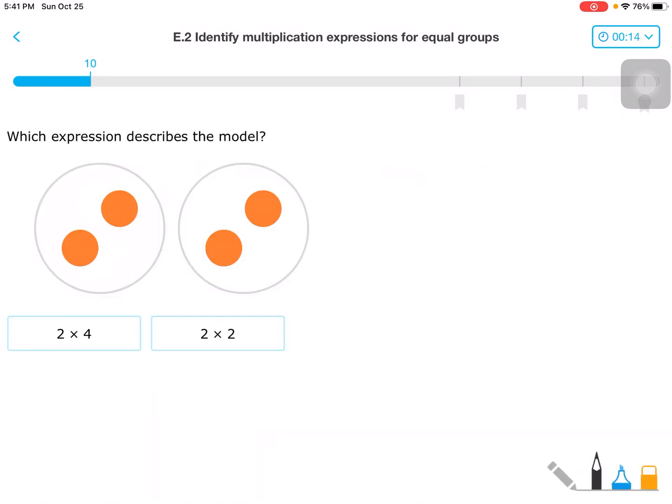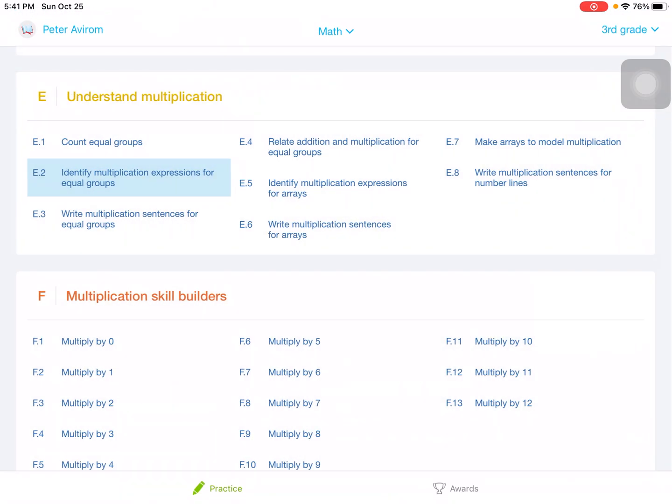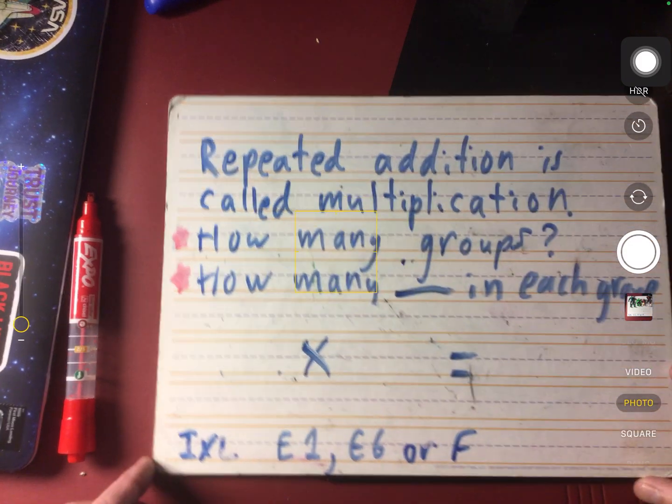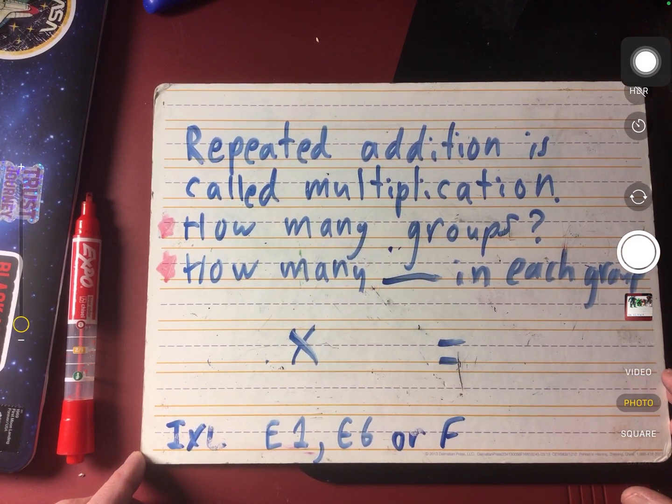So today, you can choose either E1, E2, E3, E4, E5, or E6, and you can decide which one you want to work on. And just to review what we learned today, repeated addition is called multiplication.